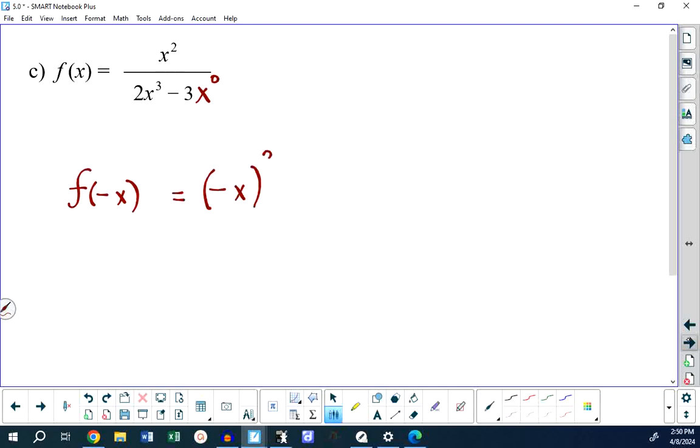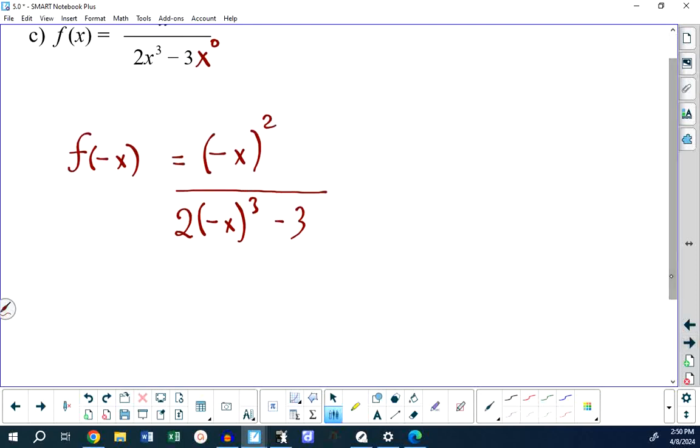Notice I didn't say this, but I hope it was obvious. When you put -x in, you're putting it in brackets, over 2 times -x cubed minus 3. We don't need to put -x to the 0. You certainly can if you like. But what I end up with is x squared over -2x cubed minus 3.